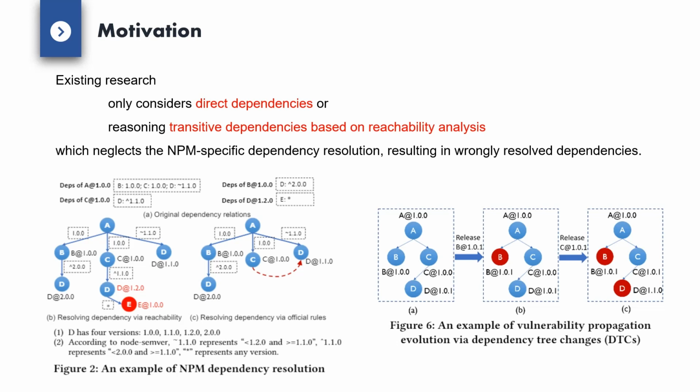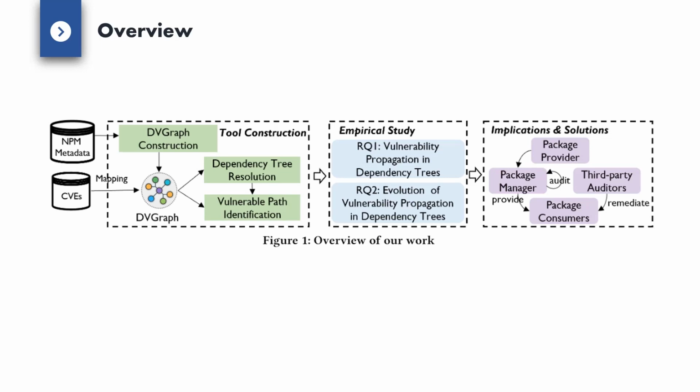For example, in the right figure, after the release of B at 1.0.1, the default resolved dependency tree of A at 1.0.0 will switch to take B at 1.0.1 rather than the previous B at 1.0.0 automatically, and such dynamic changes of dependency trees could also lead to the dynamic introduction and removal of vulnerabilities within dependency trees.